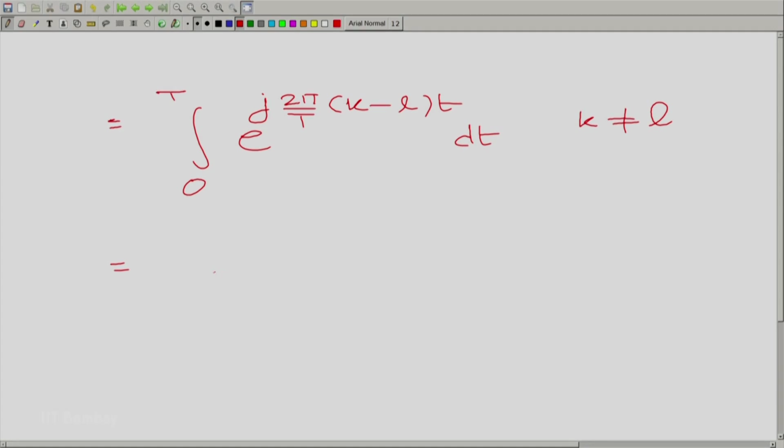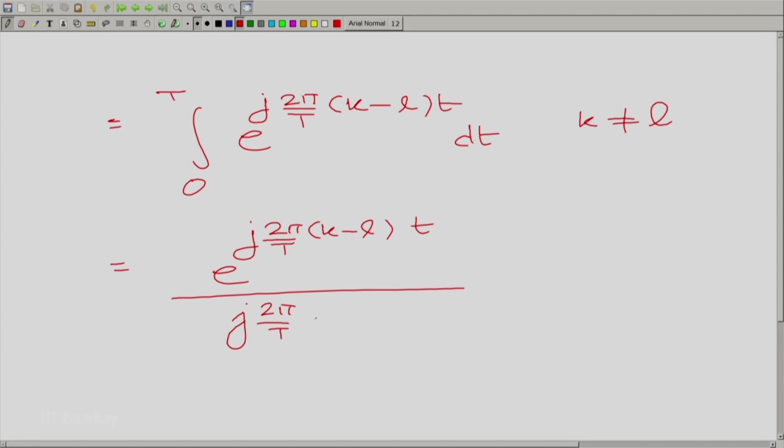It is simply e raised to the power j 2 pi by T (k minus L) t divided by the coefficient of t, so j 2 pi by T (k minus L), evaluated from 0 to T.